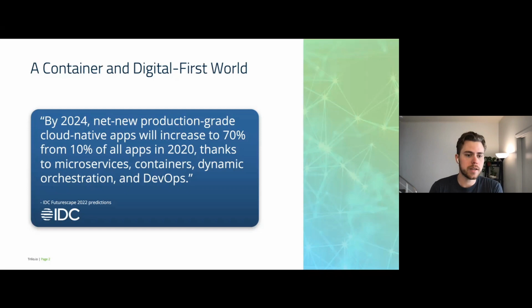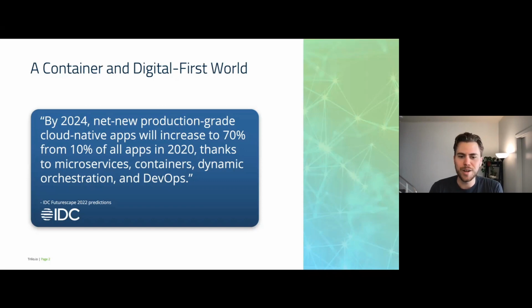And so one of their quotes was that by 2024, net new production grade cloud native apps will increase to 70% from the 10% it's currently at of all apps in 2020. Thanks to microservices, containers, dynamic orchestration, and DevOps.